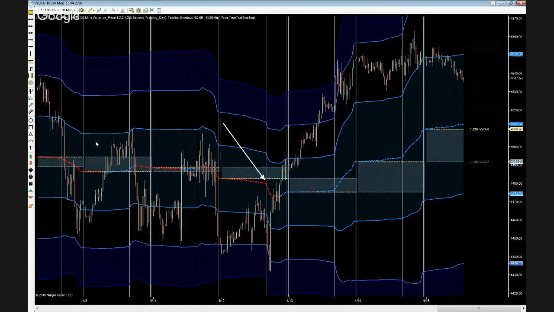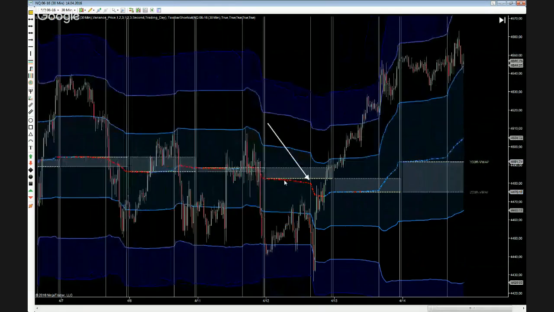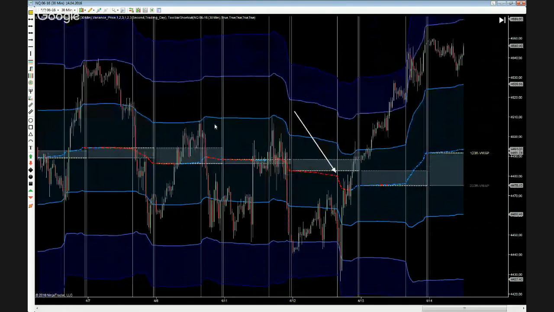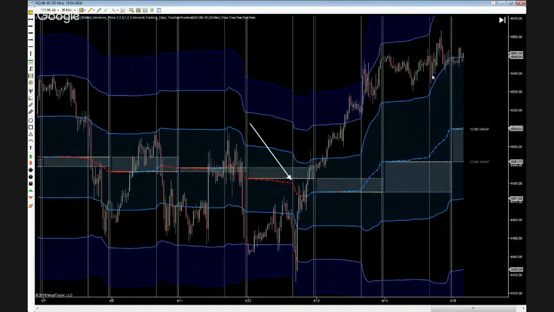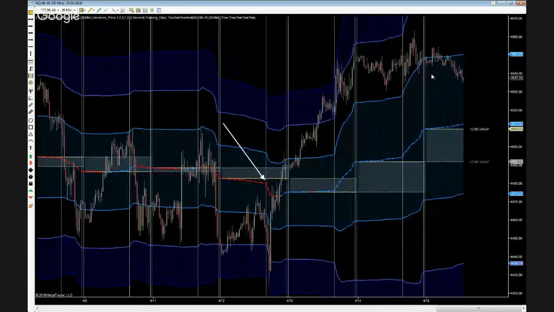If we're just oscillating here within the first standard deviation of the VWAP, it's a ranging market. The price is not moving outside of this area, but once we start making higher highs and higher lows outside of this area, we can say that we're in a trending market.